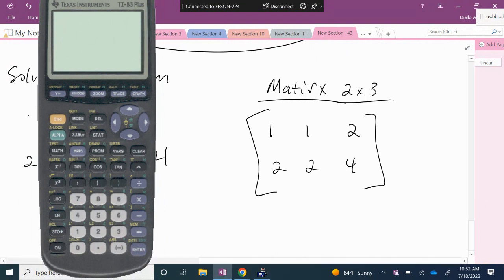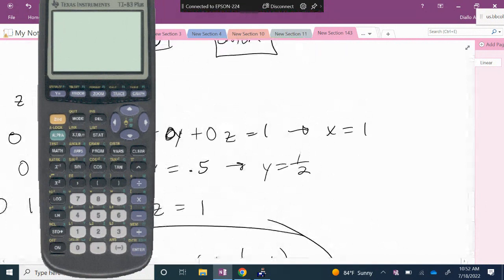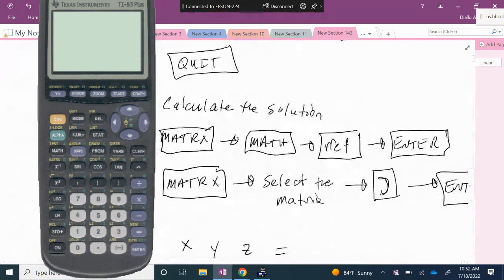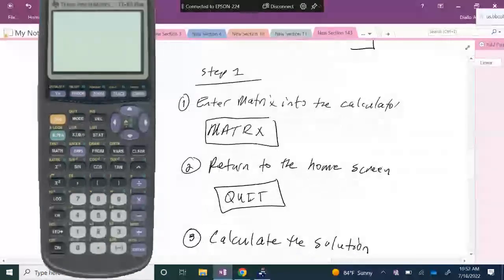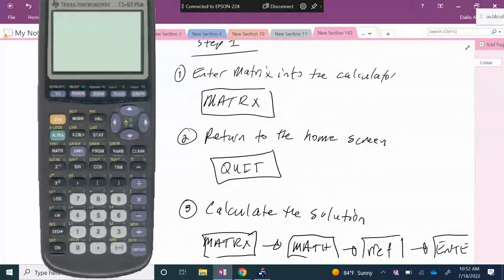And I am using these steps. So first thing we're going to do is we're going to enter in the matrix. So I'm going to go back into matrix.